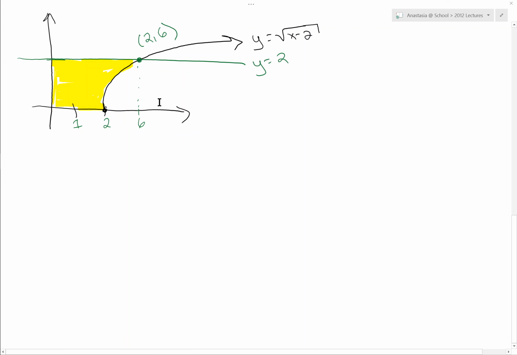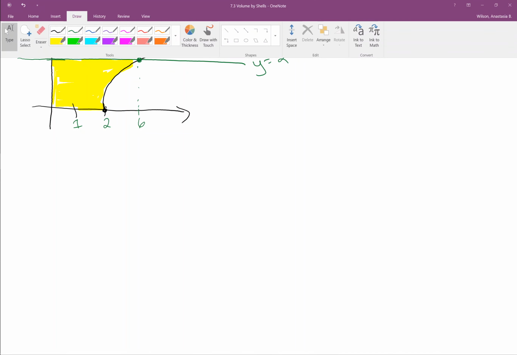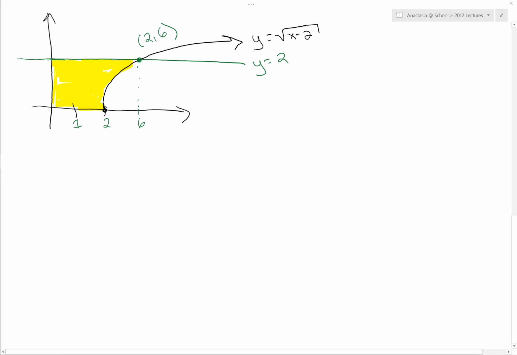Now in part A, we revolved around the x-axis, or sorry, part 1. But for part 2 now, we are going to revolve around the line y equals -2. So that means that we're taking this shaded region and we're going to rotate it around the line y equals -2.